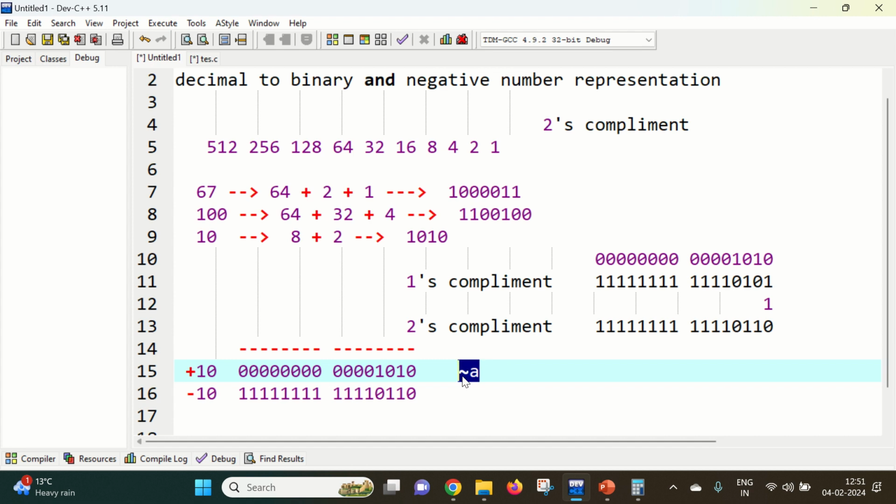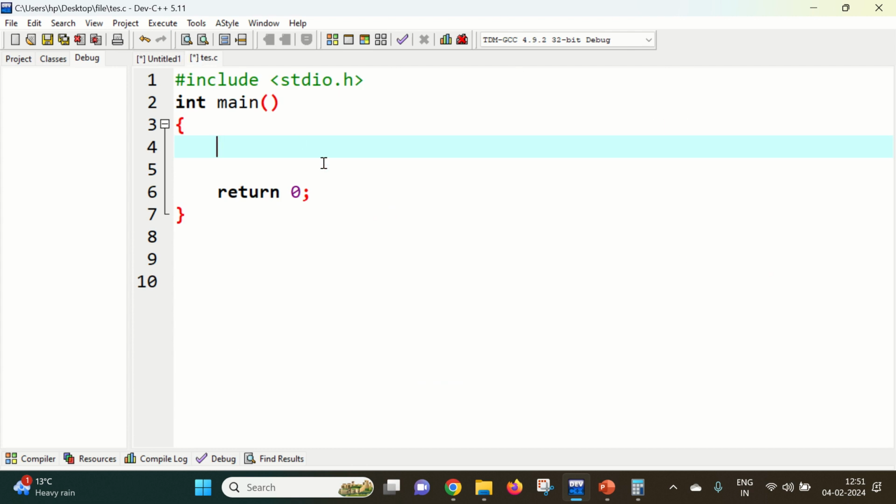Suppose we give you plus 10 and convert every bit: 0 becomes 1, 1 becomes 0, 0 becomes 1, 1 becomes 0, like that. Then we have to identify what that number actually is. With the help of this example, I am going to show you in a program so you can understand.